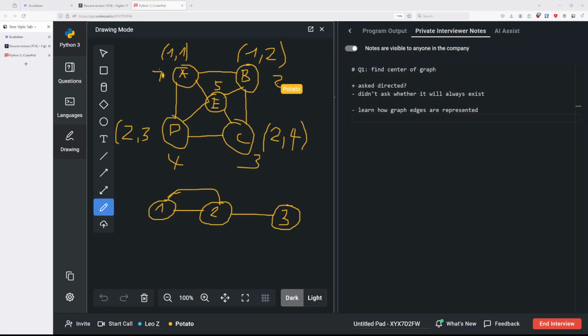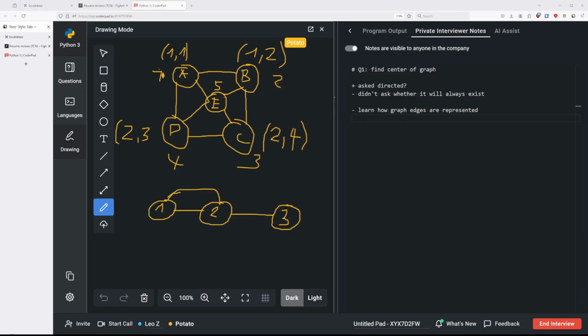And if we look at 2, 3, and 5, this is also a cycle. And 3, 4, and 5 also create a cycle. And then the last one would be 4, 1, and 5. That's also a cycle.